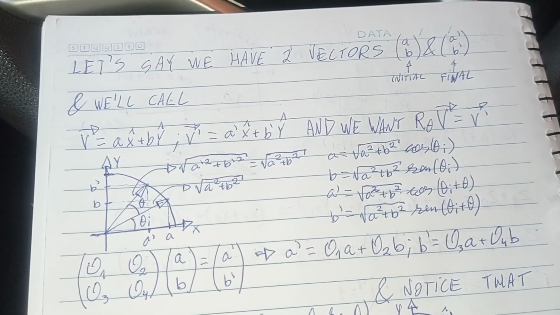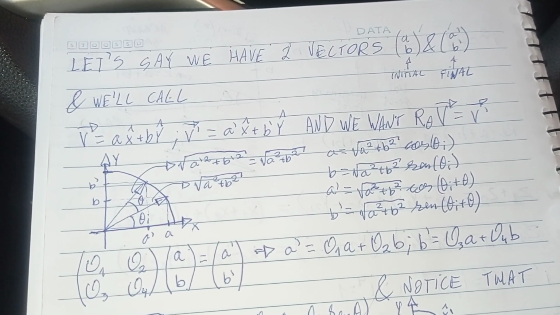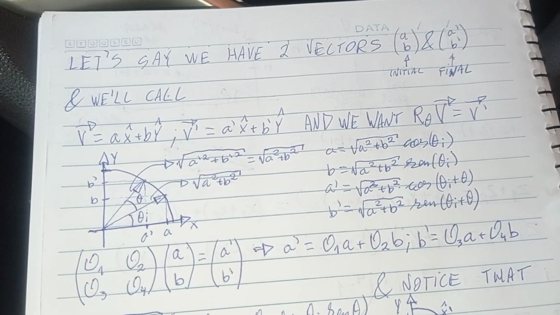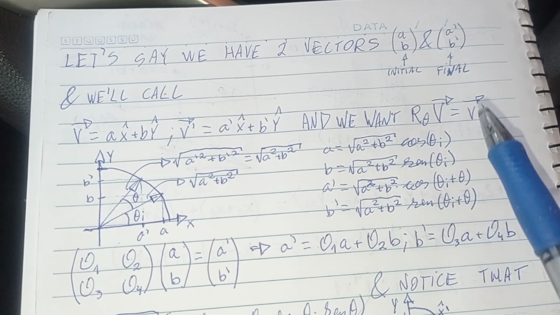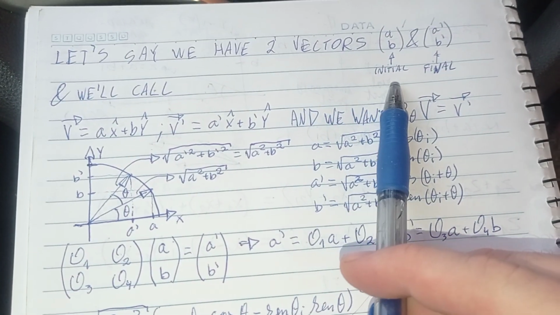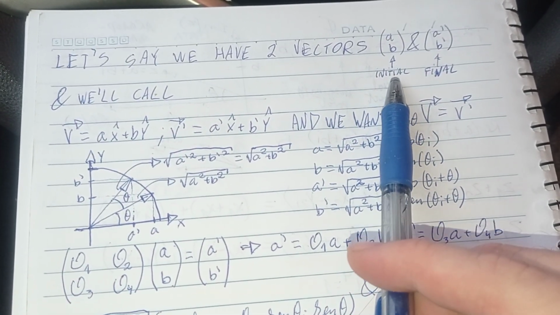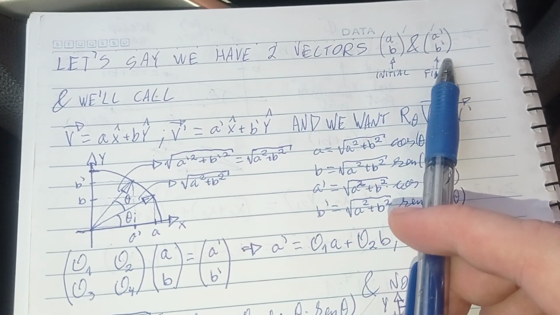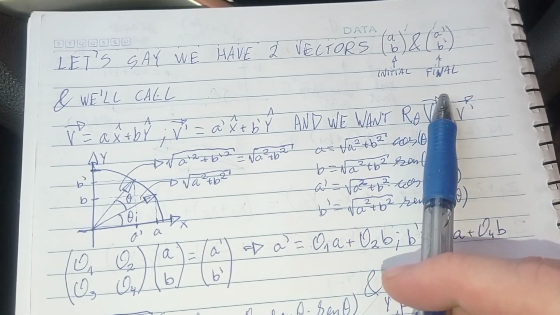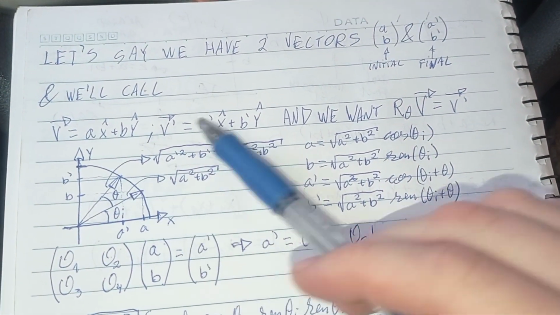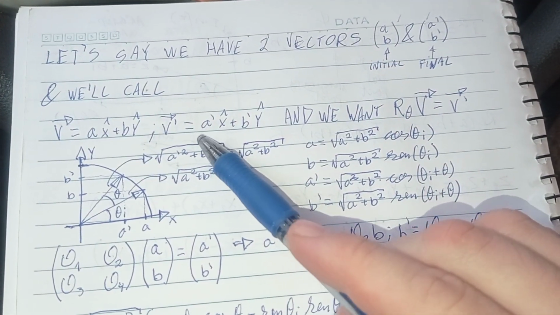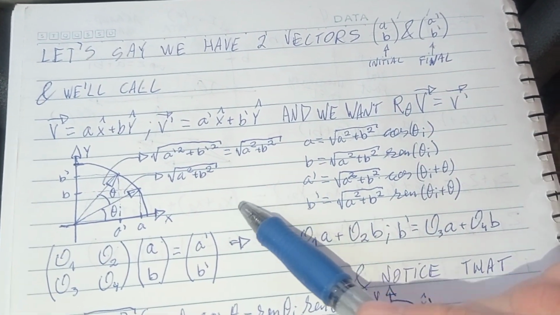So let's say we want to have a rotation operation in two dimensions for two vectors in which AB is an initial vector and A prime B prime is the final vector. And we'll call V the initial vector and V prime the final vector.